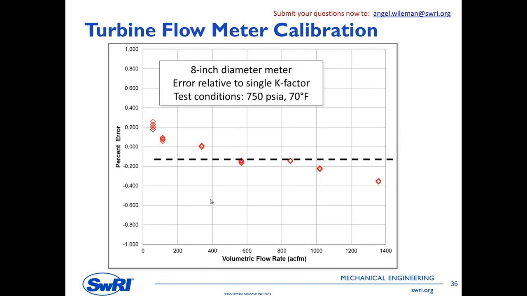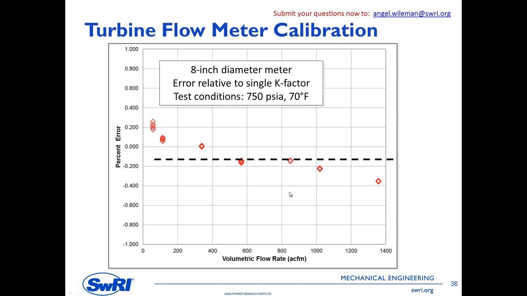So a turbine meter, though, you can look at this, and this is an example of an 8-inch meter relative to a single K factor. So the K factor is the pulses per cubic foot produced by that rotating set of blades. And if I characterize this meter with a single K factor, I'm not going to get the best answer in the world. This is kind of similar to doing a flow-weighted mean error correction on that ultrasonic meter.